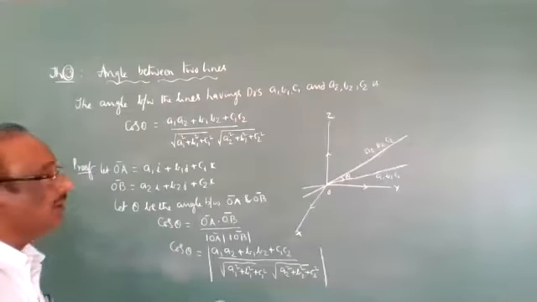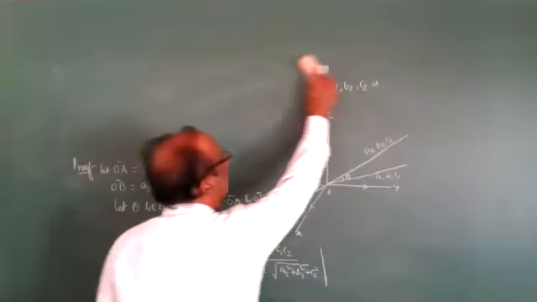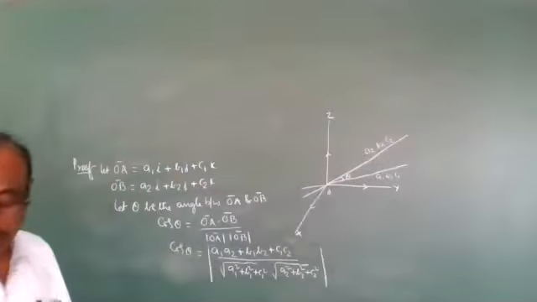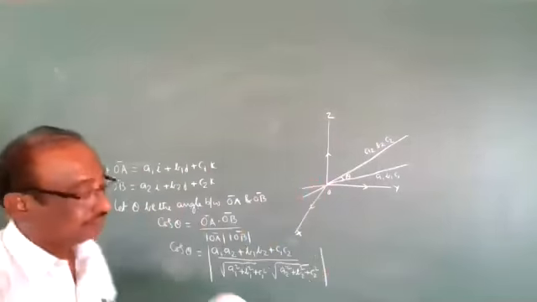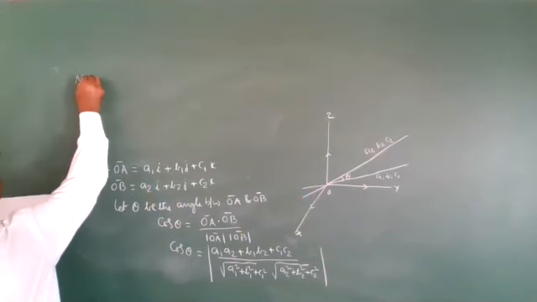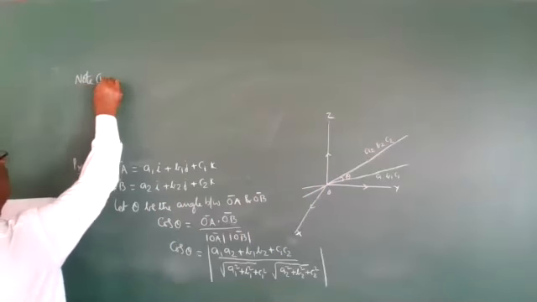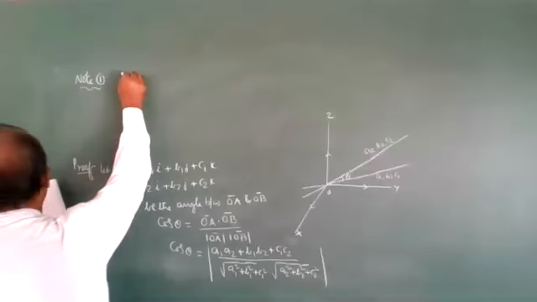Right, everyone see, what are the points in that? First point, note point 1: vector form is given.